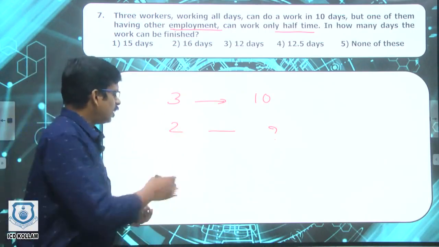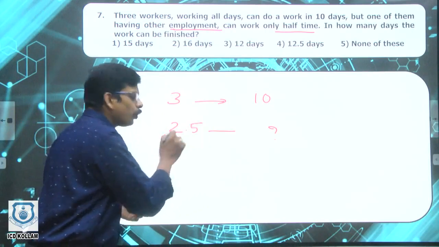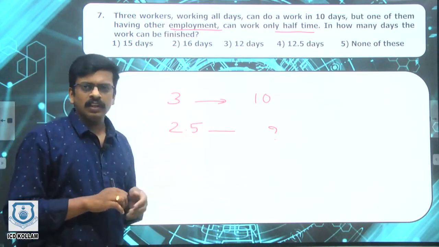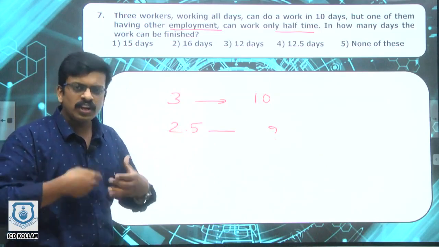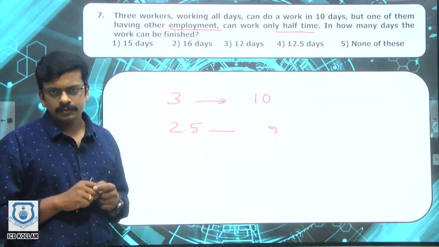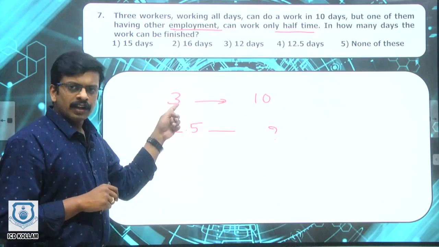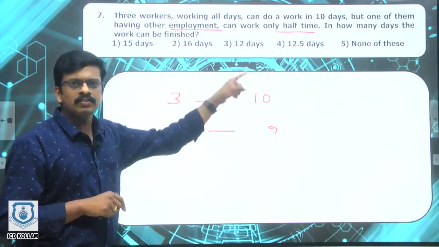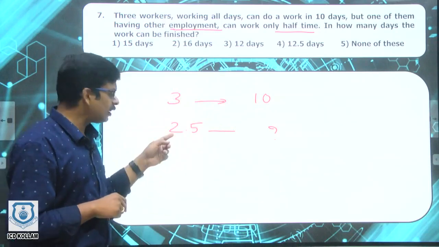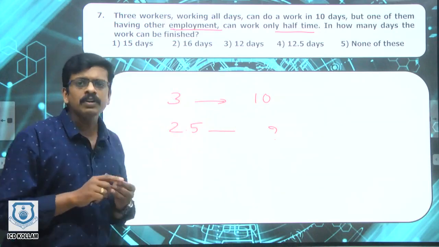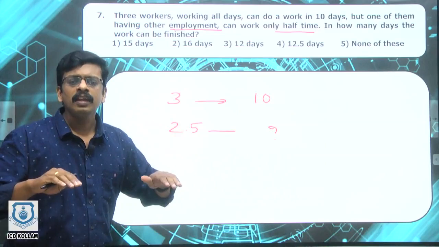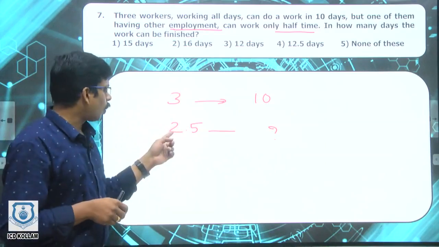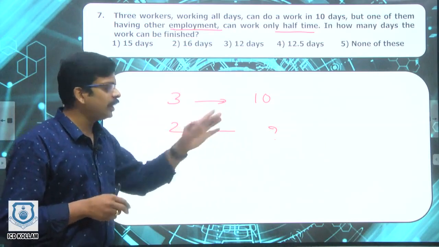That means, at that time, 2.5 is the total efficiency. The efficiency of each and every person is treated as 1. And here, 3 persons, 10 days. 3 efficiency, 10 days. But in the second case, the third person only contributes half of his efficiency. So, total is 2.5, how many days?